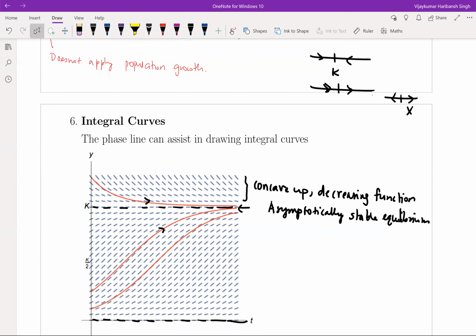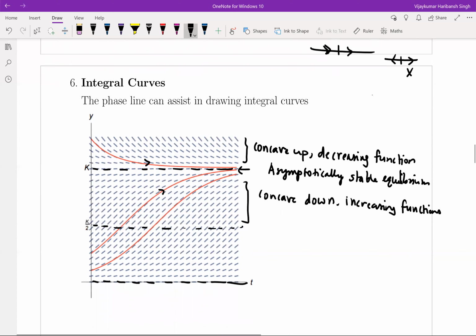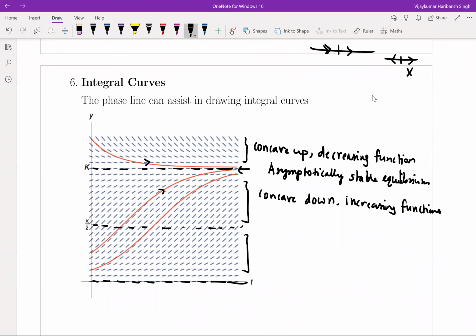Now in this part, if you notice, until here the integral curves are concave down and increasing functions. In this part here, you can see that the function is still increasing. Sorry, in this case, it's concave up though, right?